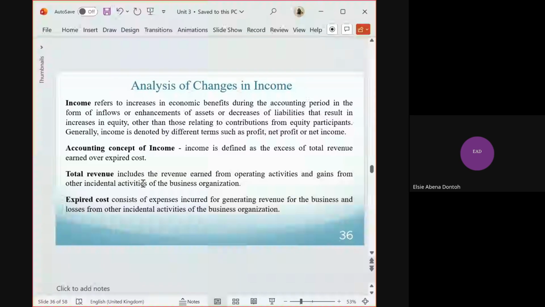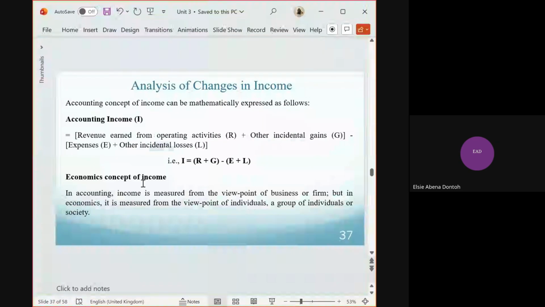Total revenue includes revenue earned from operating activities and gains from other incidental activities of the business, whereas the expired costs consist of expenses incurred for generating revenue for the business and losses from other incidental activities of the business.